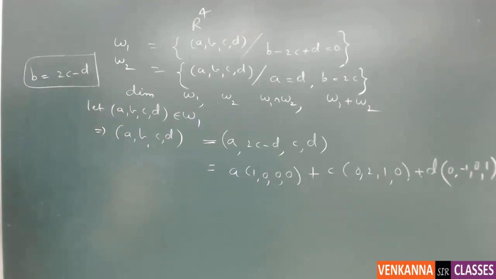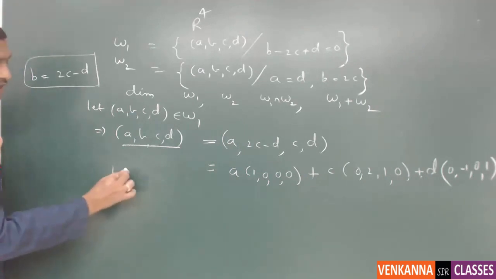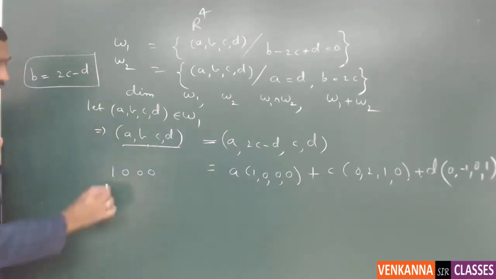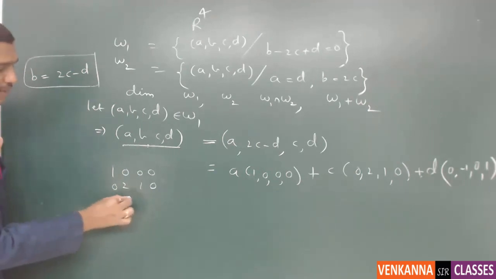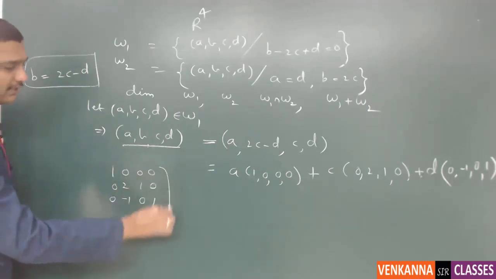What does it mean? Whatever vector ABCD I take in W1, that can be represented as a linear combination of those three vectors. 1 0 0 0 is the first vector, 0 2 1 0 is the second vector, 0 minus 1 0 1 is the third vector.